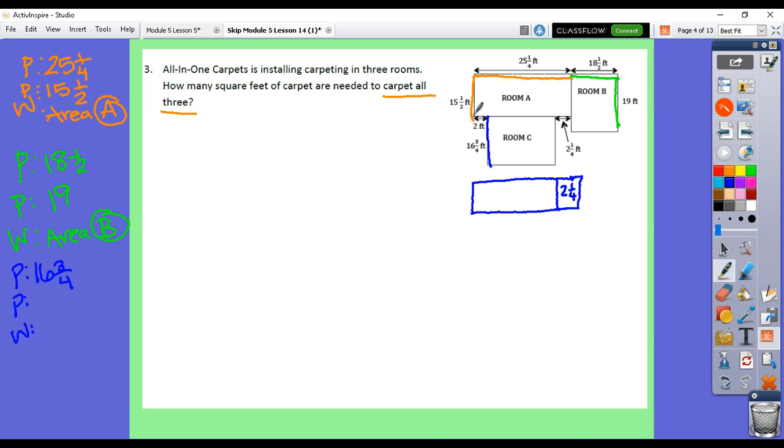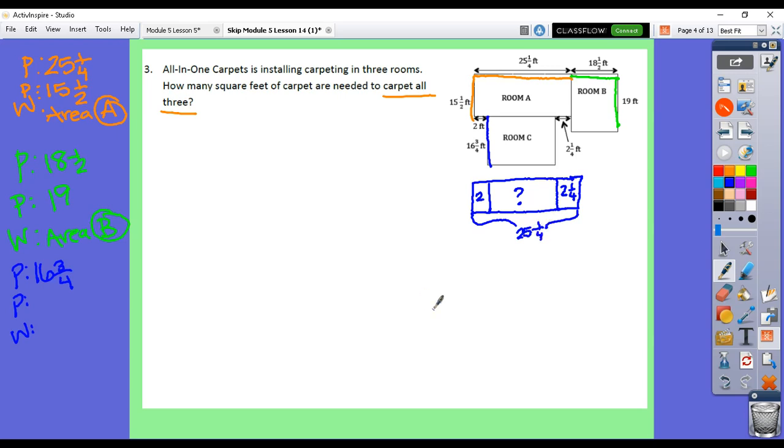The distance from here to here is 2 feet. And the distance from here to here is a question mark. So you're saying, I don't know how I'm supposed to solve this, but remember, we do know the total length of this whole thing. This whole thing was 25 1/4 feet.